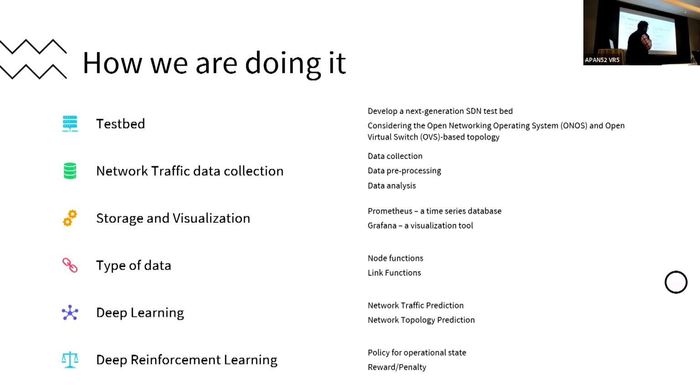So how we are doing it in the project: we created a test bed which develops a next generation SDN based test bed. We are considering ONOS, the Open Network Operating System, and OVS, Open vSwitch. We created this topology based on these OVS and ONOS.